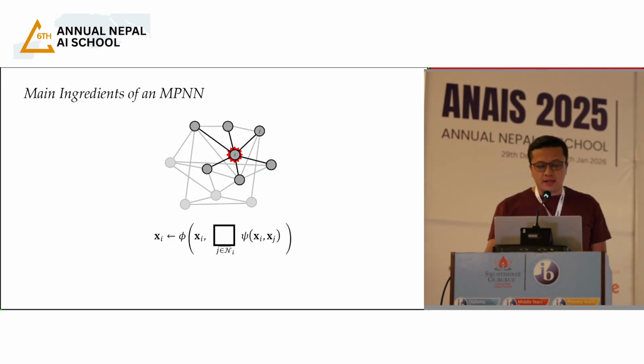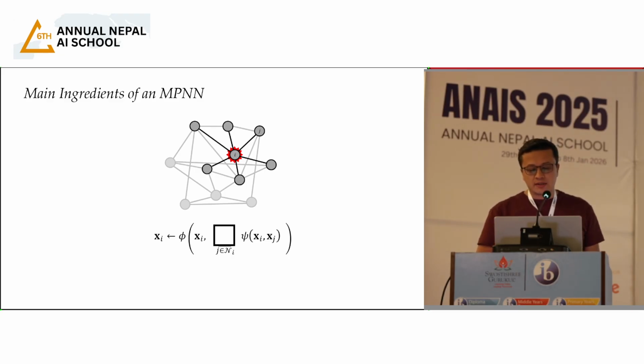Let's say I'm interested in updating the representation of node i, shown on the slide. As we've seen in the previous lecture, we need to rely on the representation of the node that is already available, and the representation of the nodes in the direct neighborhood of this node.